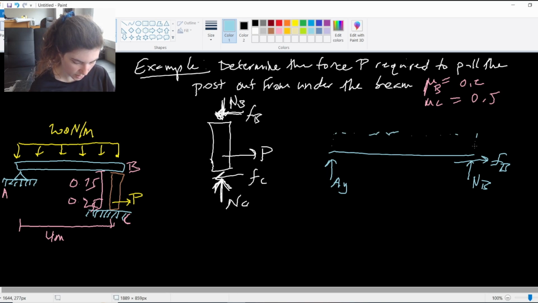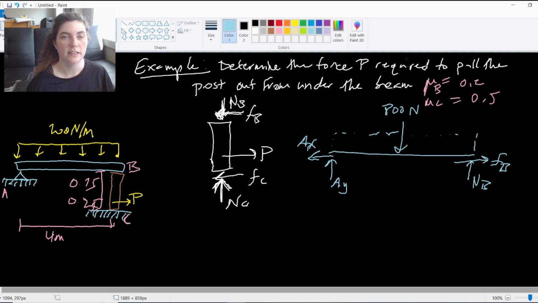I have that distributed load that I'll go ahead and simplify here as 200 times 4 is 800. And then A is a pin, so I do have an AX. Now, even though this seems to be indeterminate, I don't really care about what my AX is. What I'm trying to find here is my normal force at B, so I can take that and put it back into my original free body diagram.